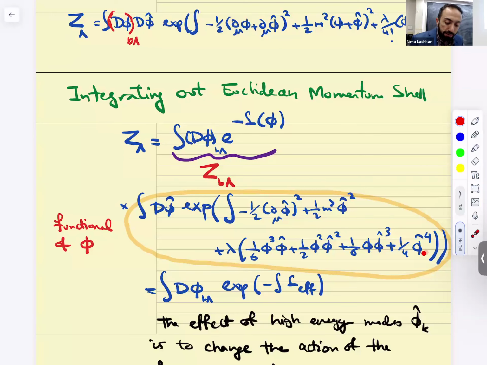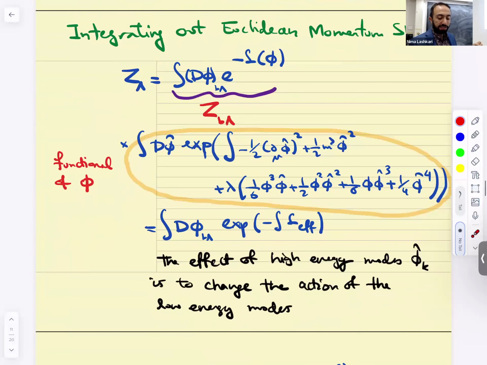Now, this path integral over phi hat, I could evaluate explicitly, and the result is going to be a function of phi, right? That I can take a log of and interpret, put in the action as a change in the Lagrangian of phi.